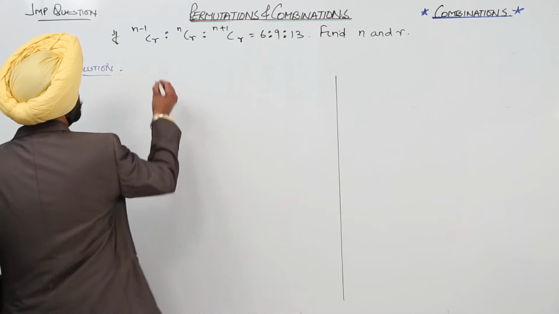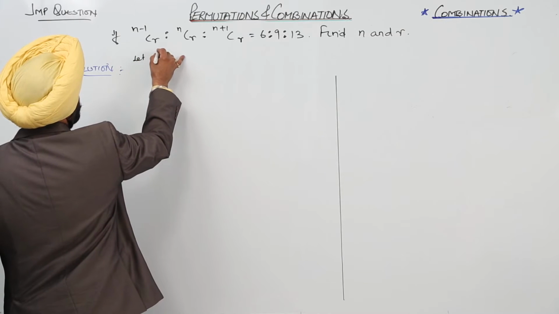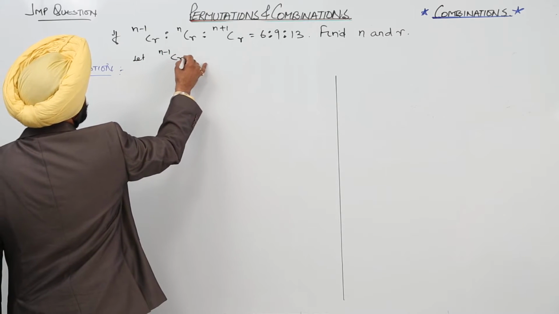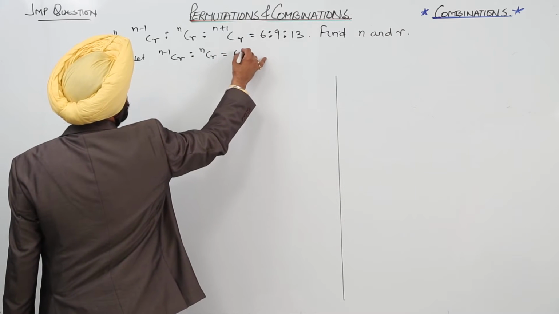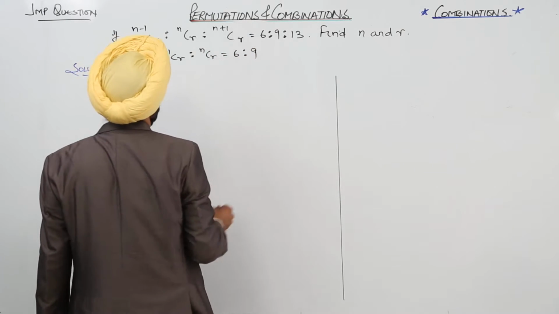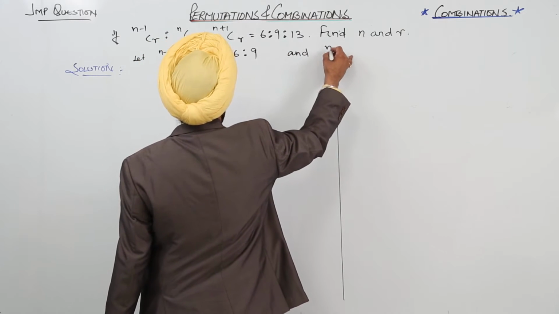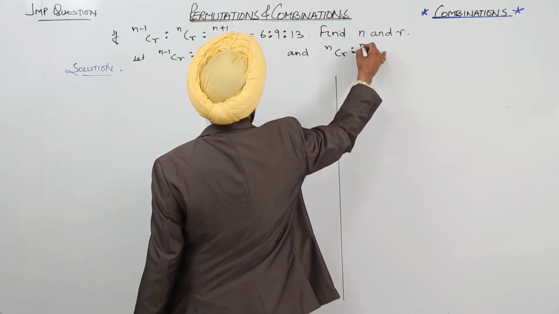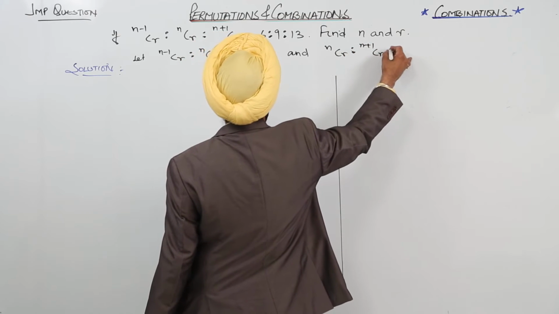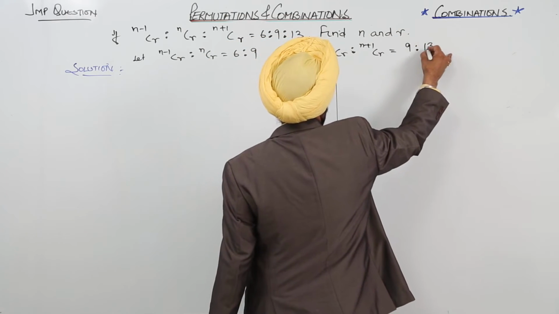We can write this as: let n minus 1 CR ratio nCr be equal to 6 ratio 9, and nCr ratio n plus 1 CR be equal to 9 ratio 13.